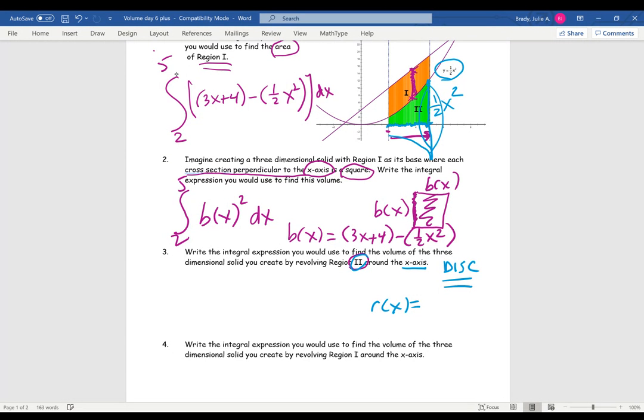I like to define that; it just makes it easier if I'm typing. But this time we're going to add all those circles. So how do you get the area of the circle? You take the radius, you square it, you times it by pi, but we're adding an infinite number, so we need the integral. And we're going from 2 to 5.